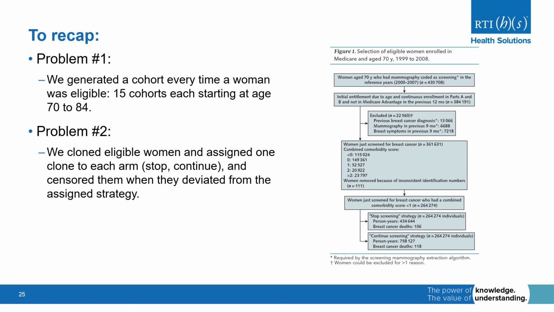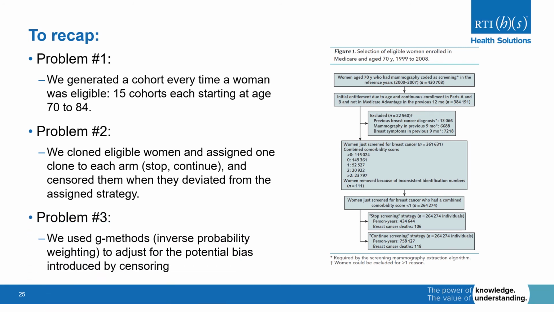Second problem, the problem where a participant can be eligible for both groups. We solve it by cloning eligible women and selecting only the person time that is compliant with each strategy. And the third problem, which comes from the artificial censoring in step 2, was solved using inverse probability weighting.